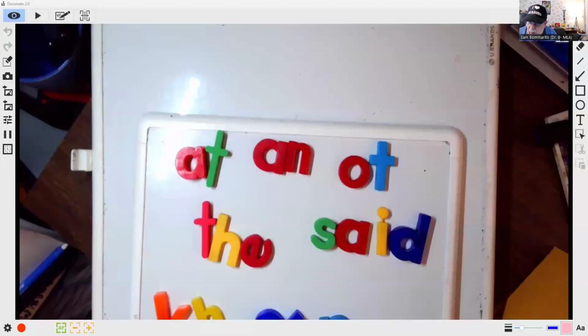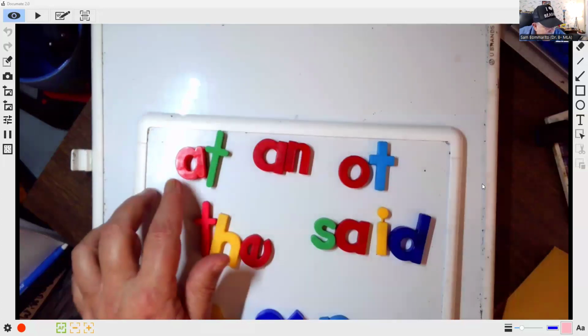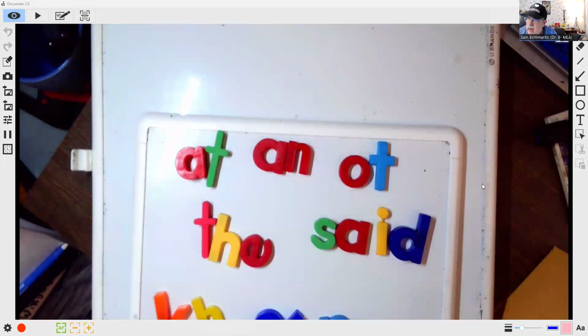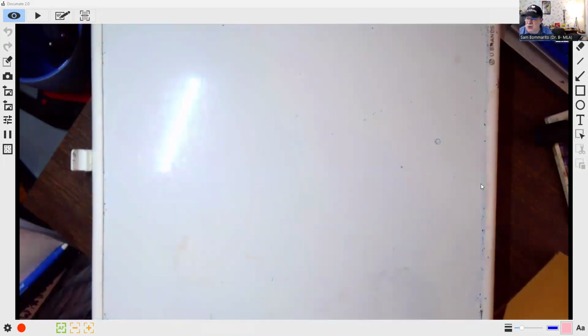There are some chunks that everyone's learned this year. Okay, and here they are: at, an, and ought. By now, everybody should know those chunks by heart. So I'm going to ask you, first of all, what are the 3 chunks?